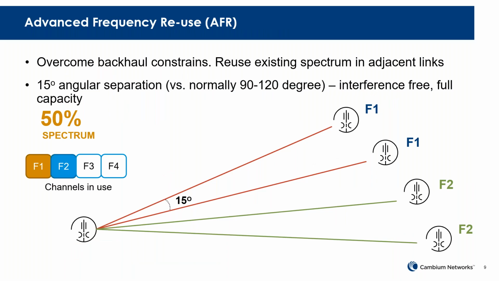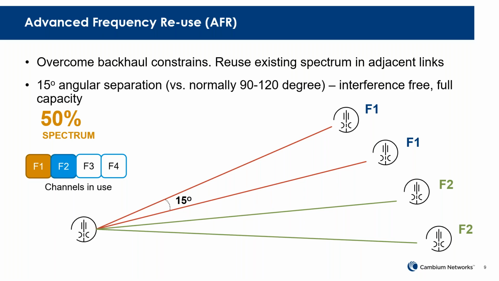We introduce the AFR feature, Advanced Frequency Reuse. With this AFR feature, you can see from this picture, with a very small angular separation, you can share the same frequency. So now, instead of using 4 frequency channels, you only need to use 2 frequencies, and your angular separation is only 15 degrees.